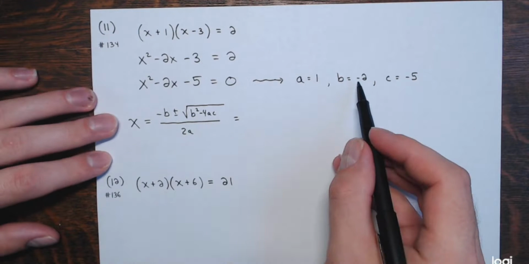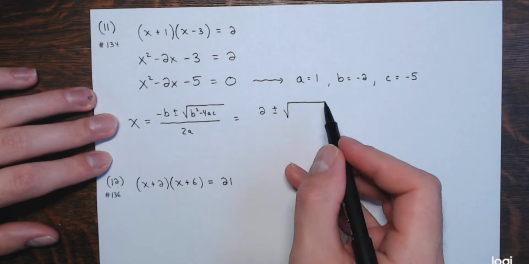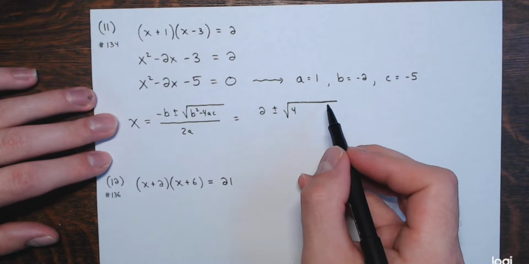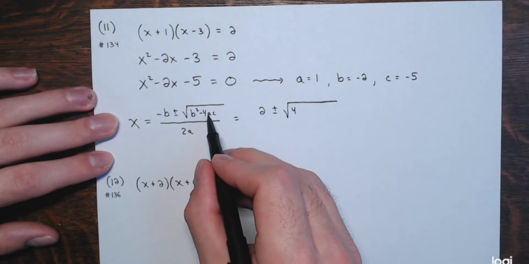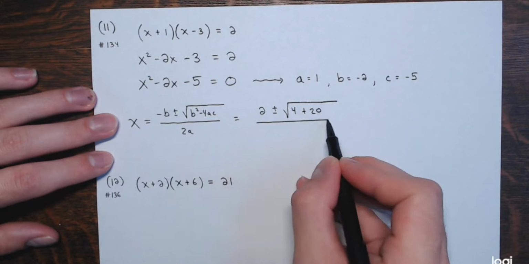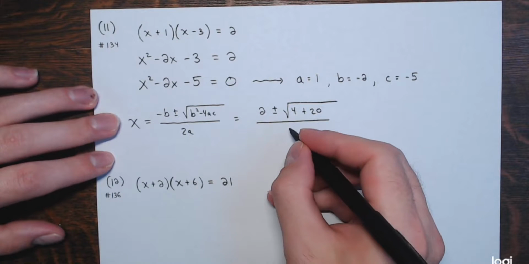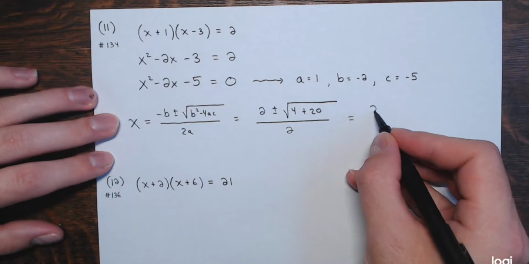So the opposite of b would be positive 2 plus or minus the square root. b squared would be positive 4, and then minus 4 times a times c. Well, negative 4 times 1 is negative 4, times negative 5 would be plus 20. Minus 4ac would be positive 20. And then divided by 2 times a, which is 2 times 1.